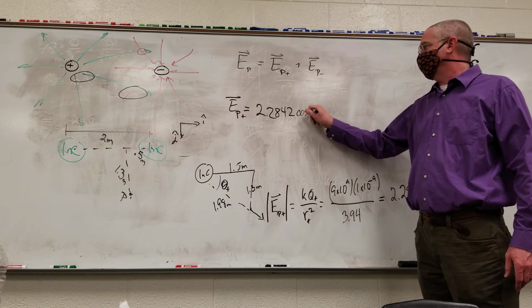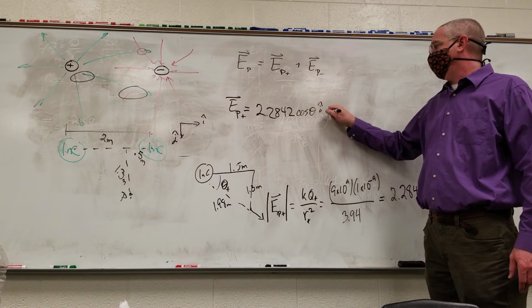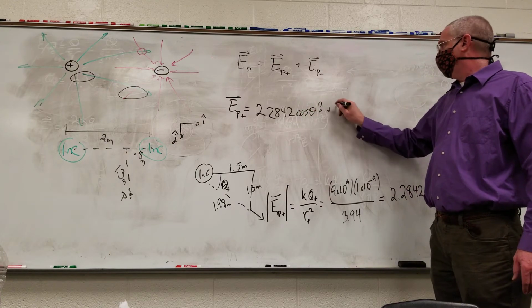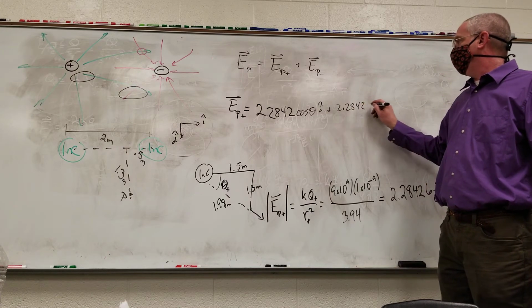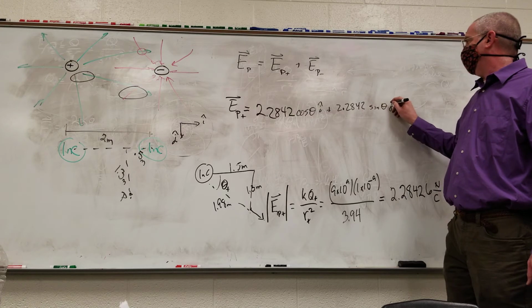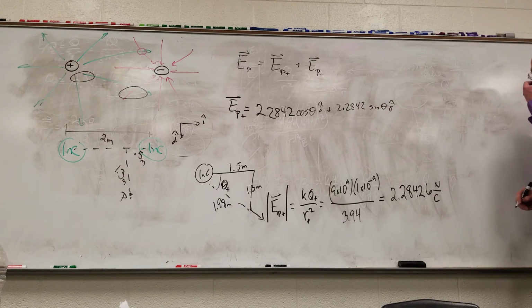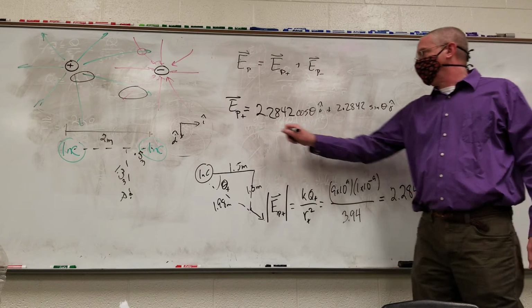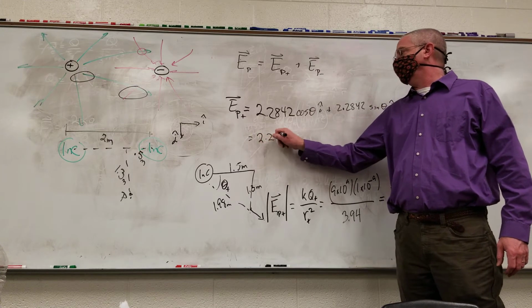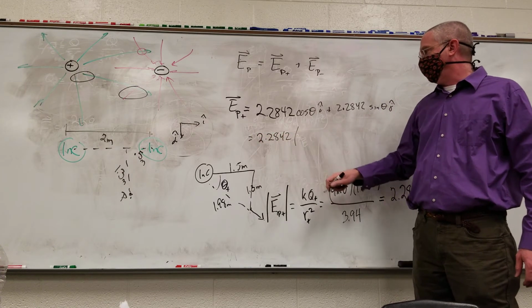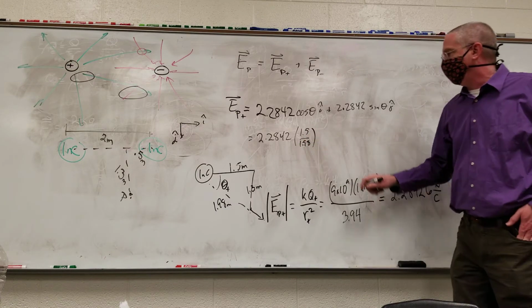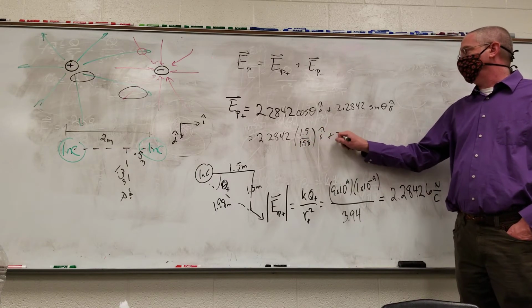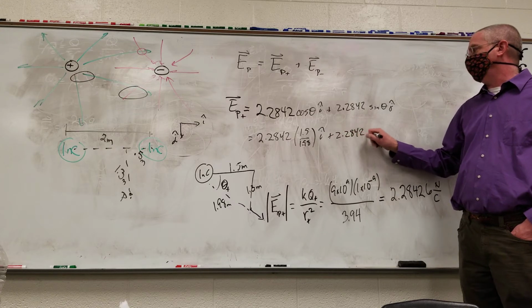This is times the cosine of theta, i hat, plus 2.2842 sine of theta, j hat, which is 2.2842 times 1.5 over 1.98 i hat, plus 2.2842.